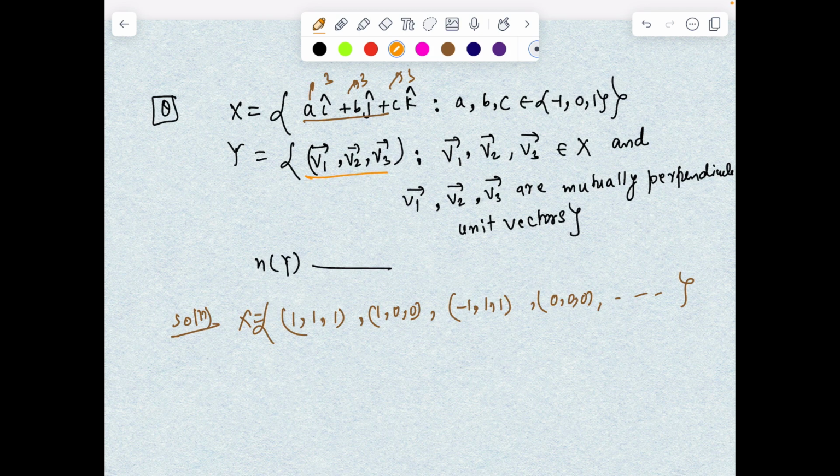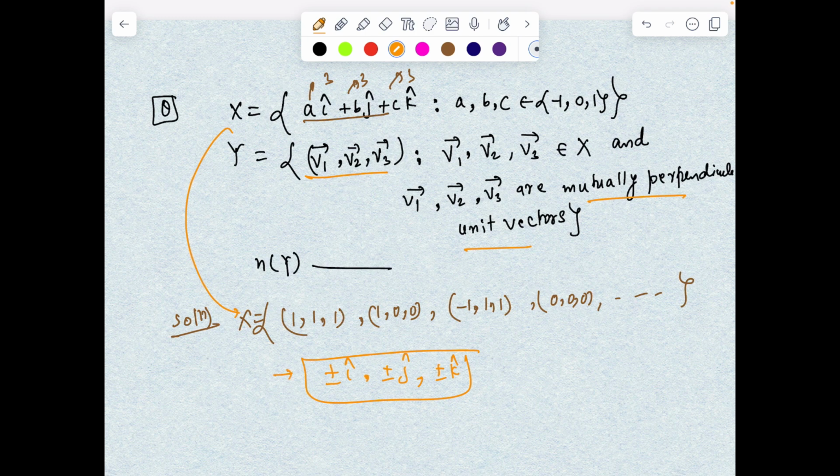Right, but set Y is all those vectors coming from set X such that they are mutually perpendicular unit vectors. Now it is worth knowing that the only possible unit vectors in set X are plus minus i, plus minus j, and plus minus k.